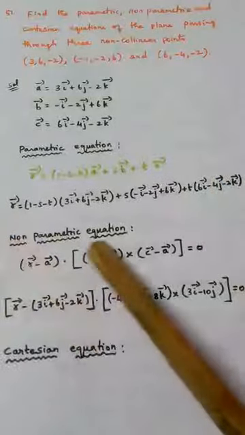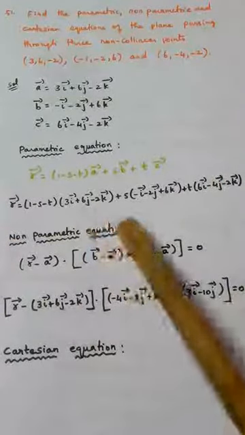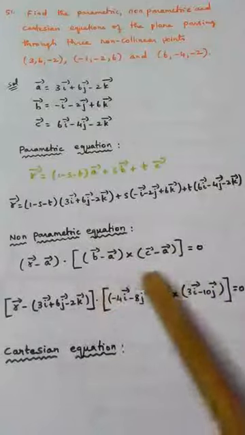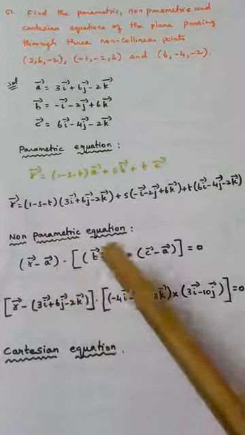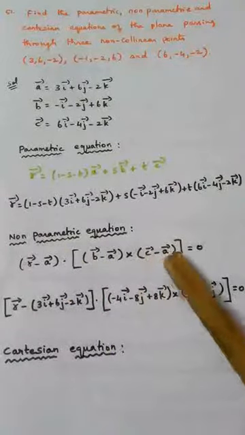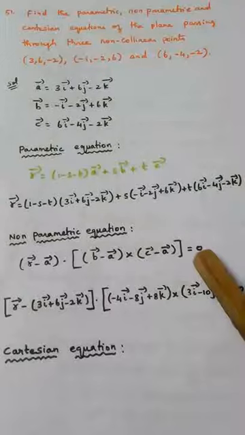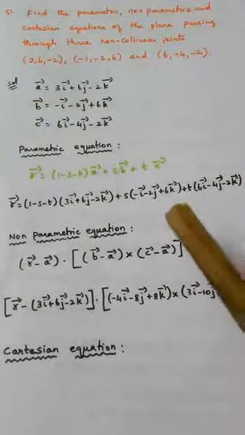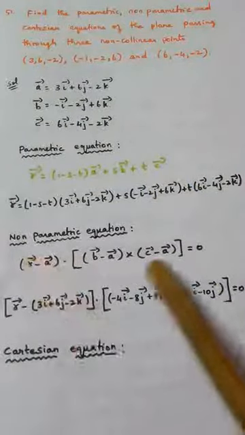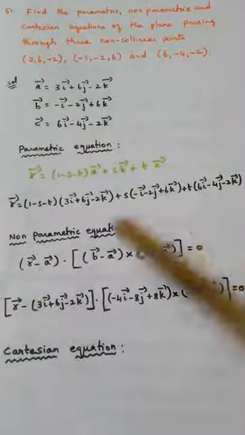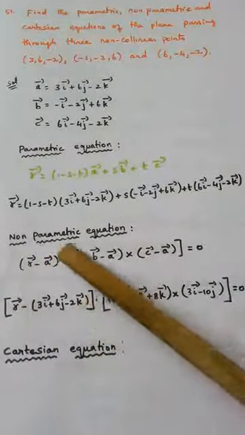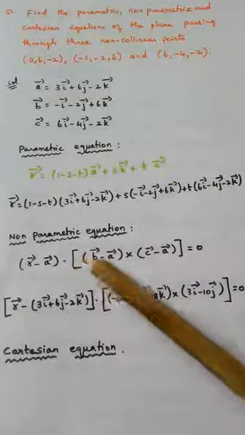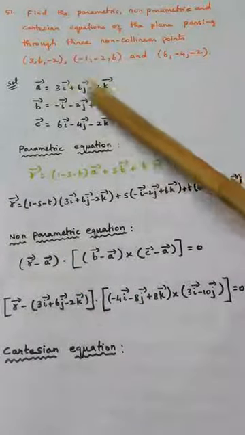Then we will go for the non-parametric equation. For that also we should write the formula first. This is the formula: (r vector minus a vector) dot (b minus a) cross (c minus a) equal to 0. If you went through the theory class taken earlier, you should know this formula very well. Here also we are substituting r vector minus a vector, dot b minus a, just subtract these two.